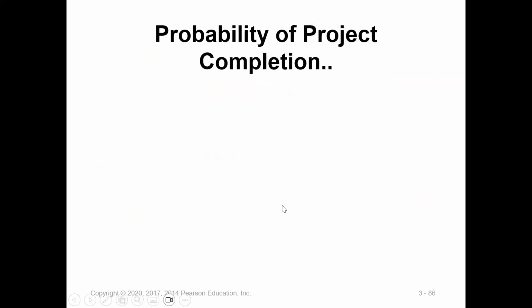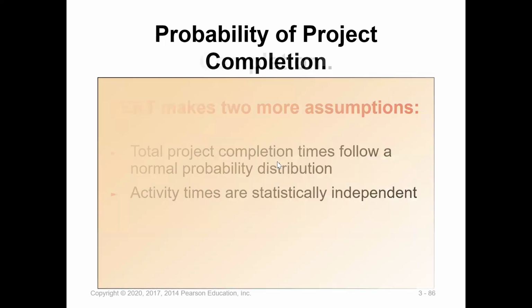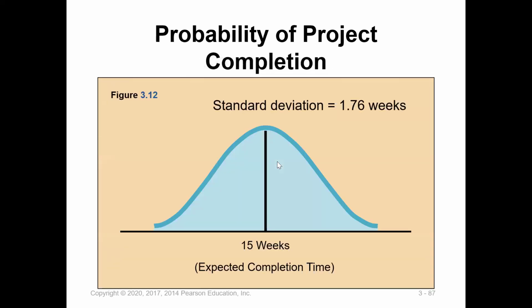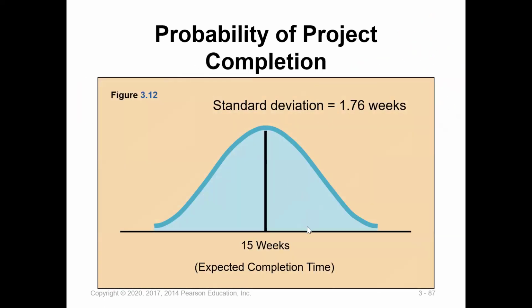So let's move on. Probability of project completion. PERT makes two more assumptions. Total project completion times follow normal distribution. That's an assumption. And activities times are statistically independent. So based on that, we can put the information.